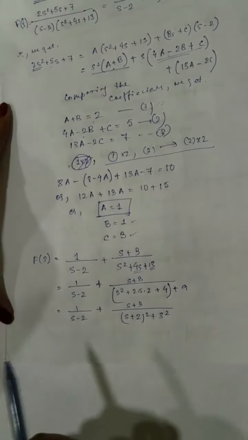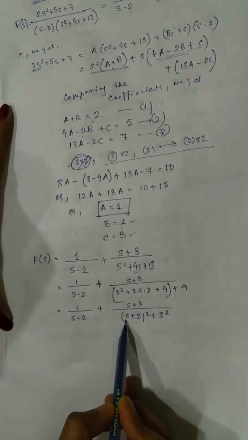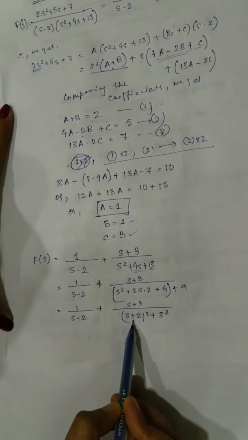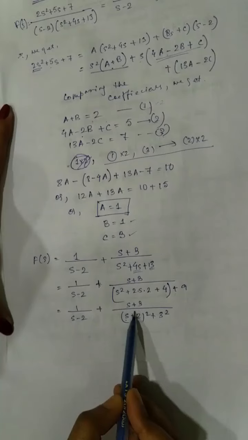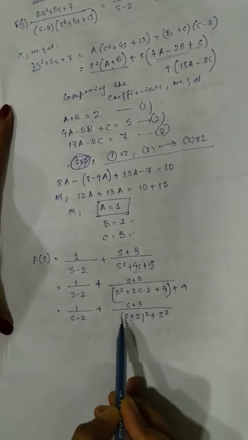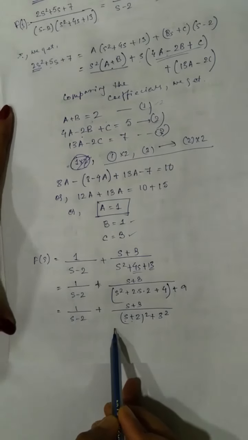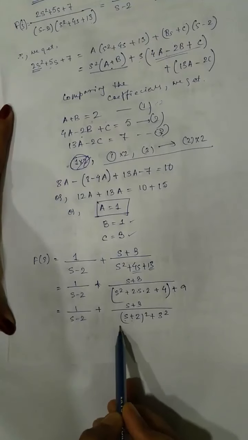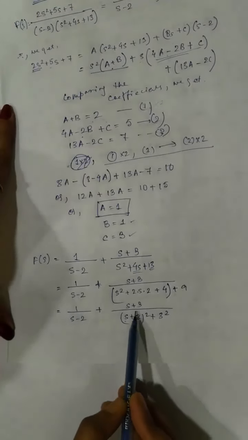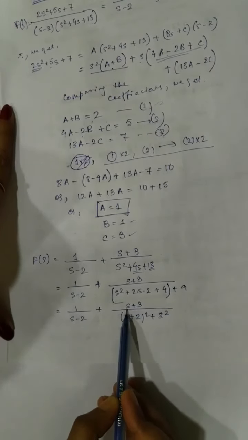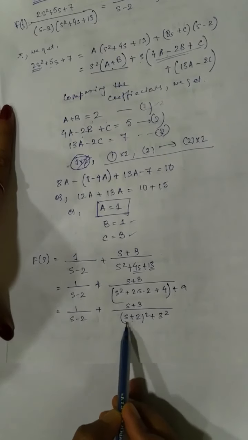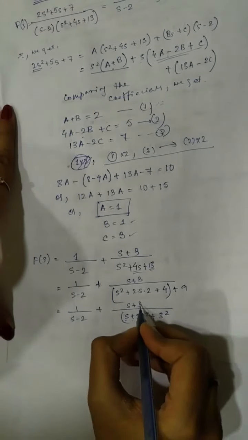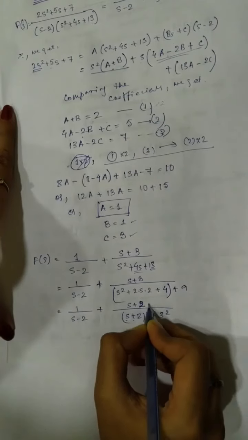Okay, now second thing what you will see is over here the s term is added by a plus 2. When these terms happen, that means the inverse Laplace will have an e to the power minus 2t term, right? So the s in the numerator also needs to have this s plus 2 term. So we will write this as s plus 2 plus 1.